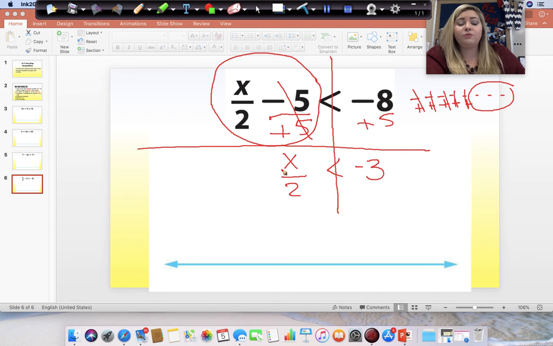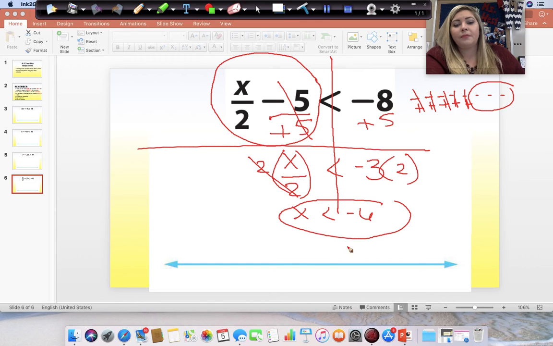So to solve this, we want to multiply both sides by 2, because right now x is being divided by 2, so the opposite is multiplying by 2. That cancels, and we are left with x is less than negative 3 times 2, which is negative 6. So we are going to draw negative 6 on the number line.